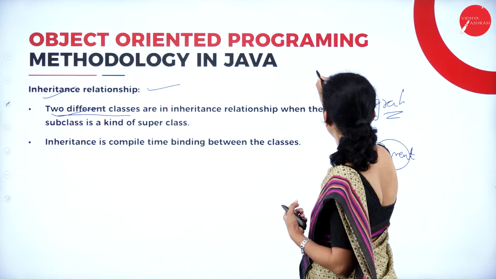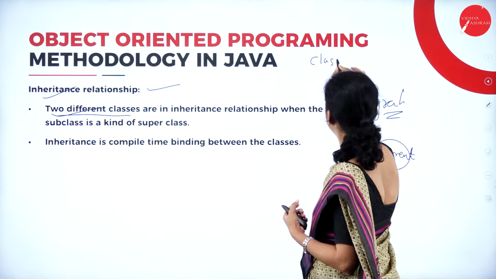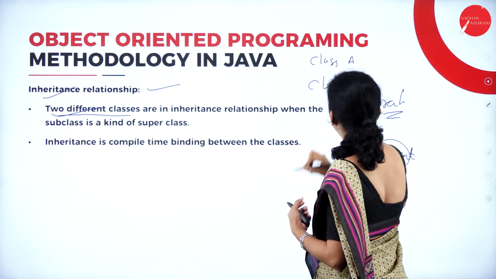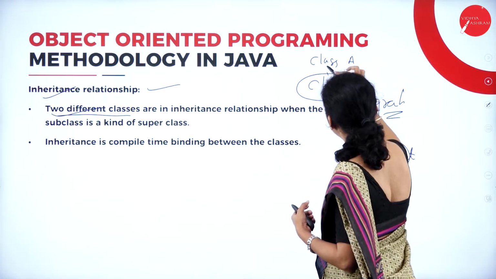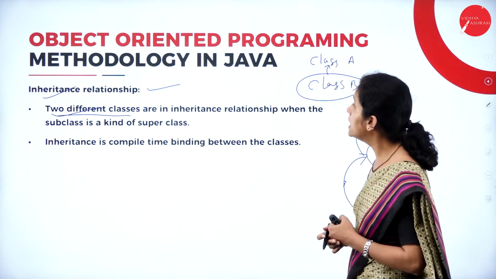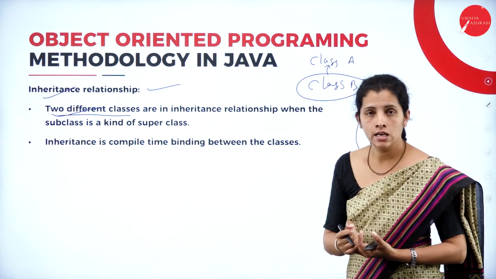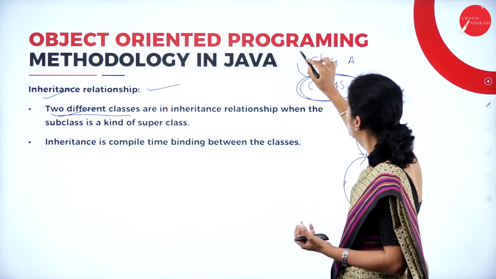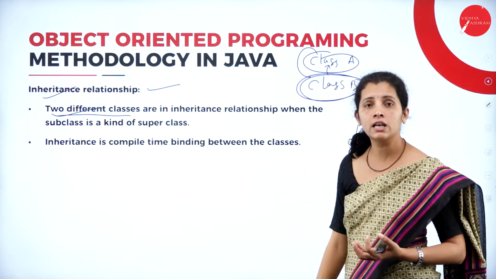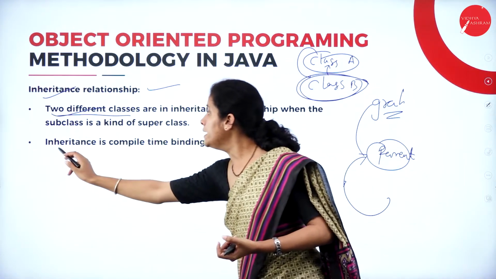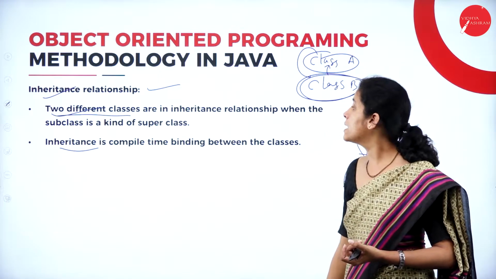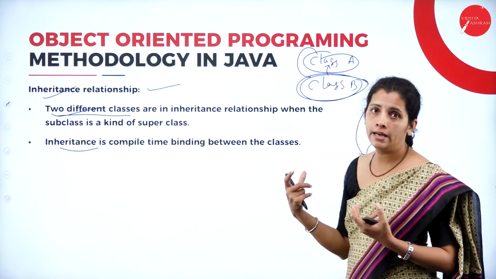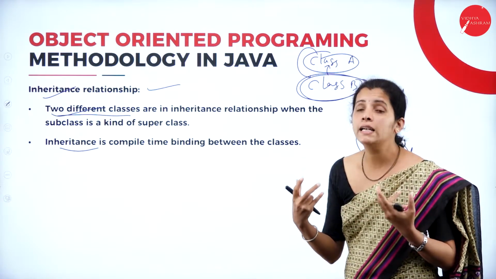For example, if I have class A and class B, and class B inherits all the properties of class A, then it is called an inheritance relationship. That means class B can acquire all the features of class A. Now, inheritance is compile time binding between the classes. So what is compile time binding? It is nothing but compile time linking.